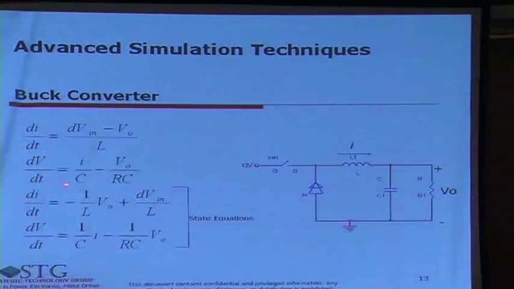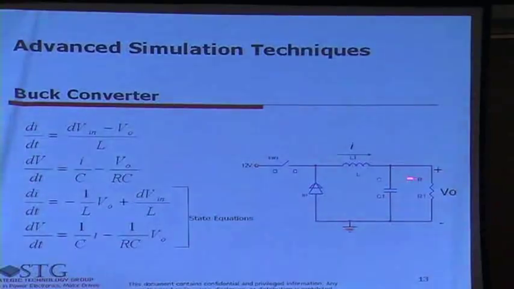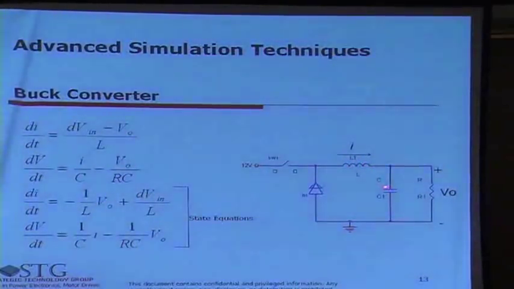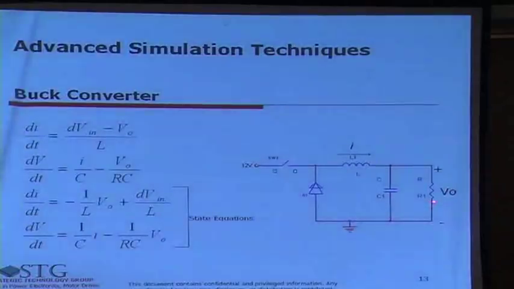And dV/dt, which is the total current in these two branches, is I/C minus V_output/RC. You can take the C out for the time being. C dV/dt is the current in this branch. The inductor current is the sum of the capacitor current plus the load current.